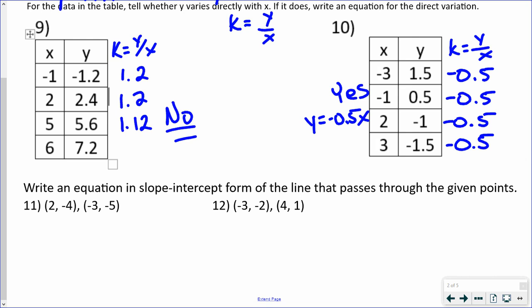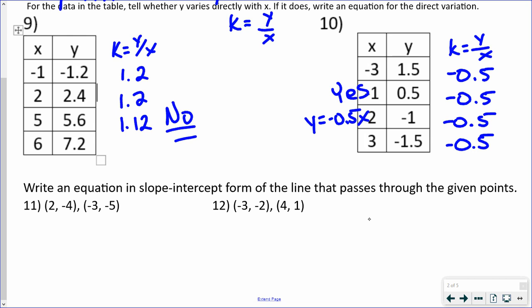So slope-intercept form is y equals mx plus b, where m is the slope and b is the y-intercept. So this is the slope, and this is the y-intercept.